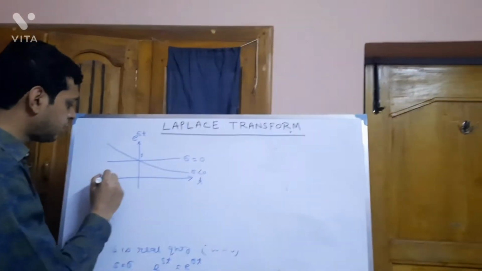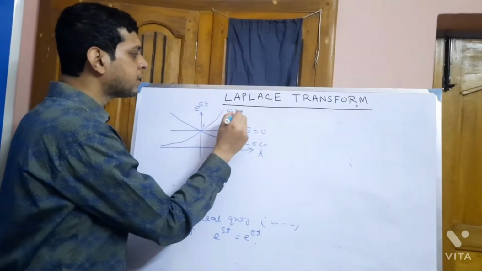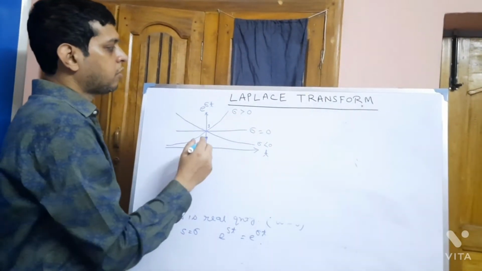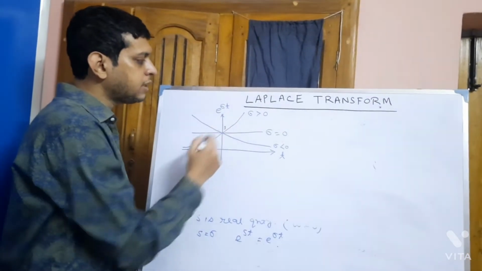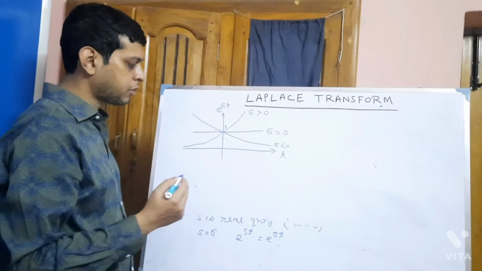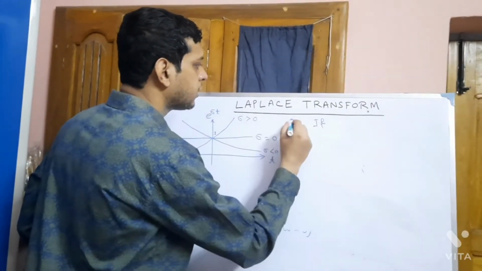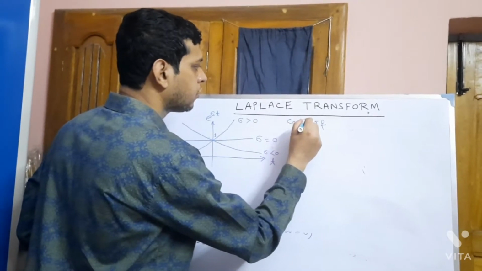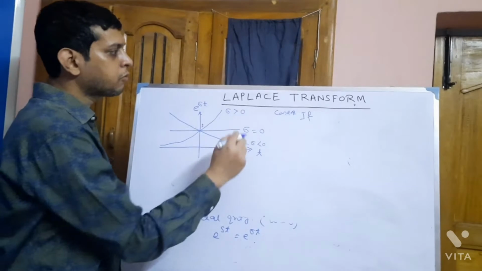And this is the case when sigma is greater than 0, where the graph is an exponentially increasing quantity. This is case 1, where s is a real quantity.